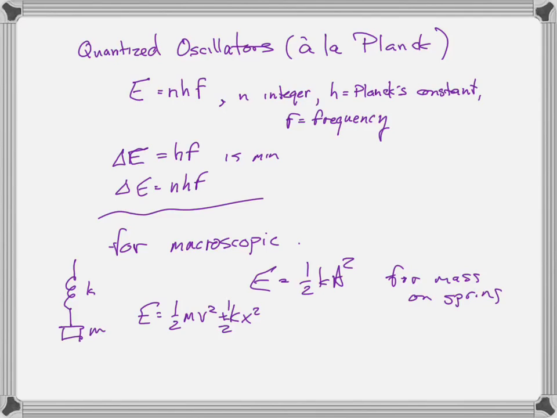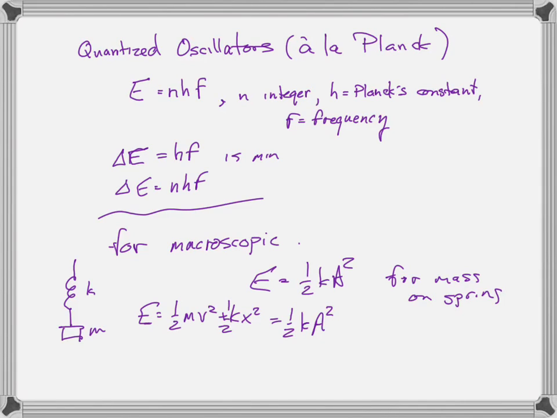When x is a maximum, v is zero, and that's why it's equal to 1/2 k a squared, because it's 1/2 m times 0 squared plus 1/2 k times a squared. So the total energy is 1/2 k a squared, and a can be anything.